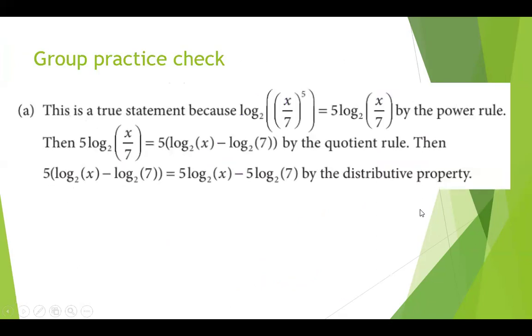Okay. All right, so let's see. A is true. You would distribute the 5 to the x and the 5 to the 7, because it's the power rule, our exponent power rule.